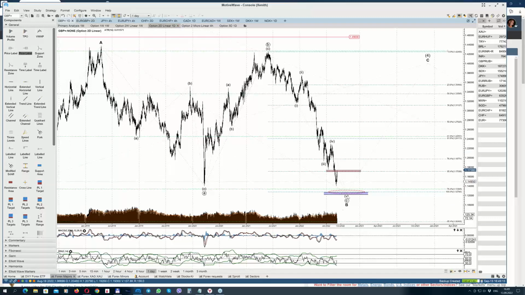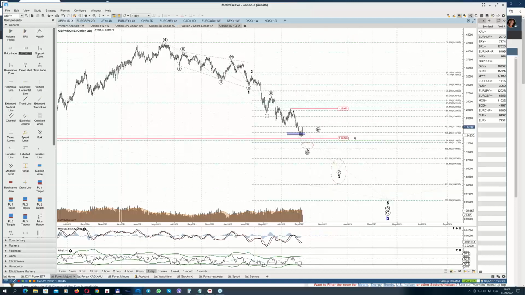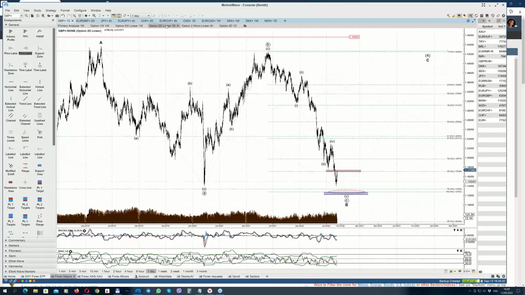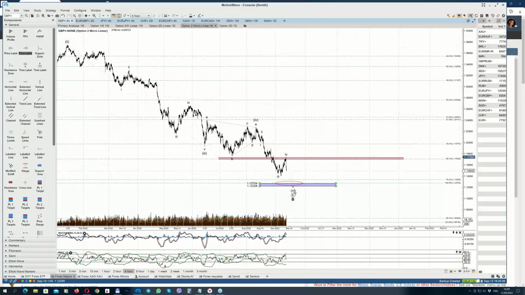This scenario supposes a really minor extension to the ideal target at 112.76. Only a decisive break below this support would open the door to the large degree decline on the option 3D chart. Right now, the option 2 counts are my operative scenarios, and the next target may be met at 112.76.